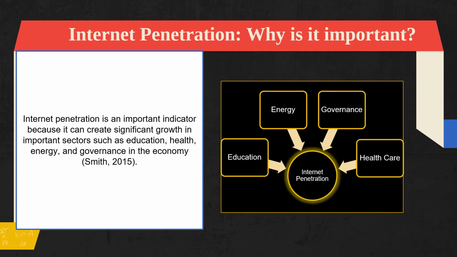The reality is, in 2021, we live in a digital age, and without technology or the internet, we cannot develop effectively. And we know internet is important for education, energy, for governance, for healthcare, and different aspects of the society. So internet penetration is important for countries' further and continuous development.